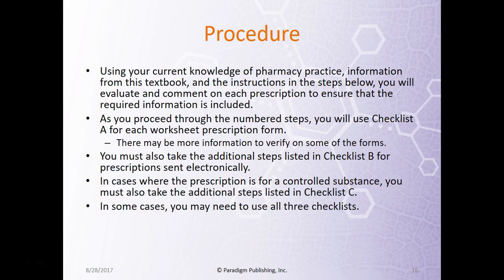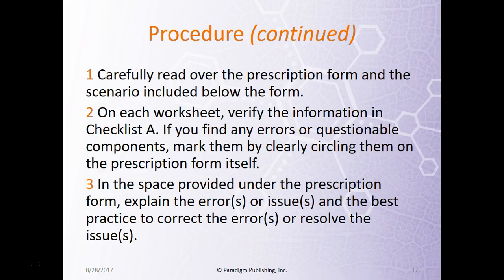There may be more information to verify on some forms. You must also take the additional steps listed in checklist B for prescriptions that are sent electronically. In cases where the prescription is for a controlled substance, you must take additional steps listed in checklist C. In some cases, you may need to use all 3 checklists.